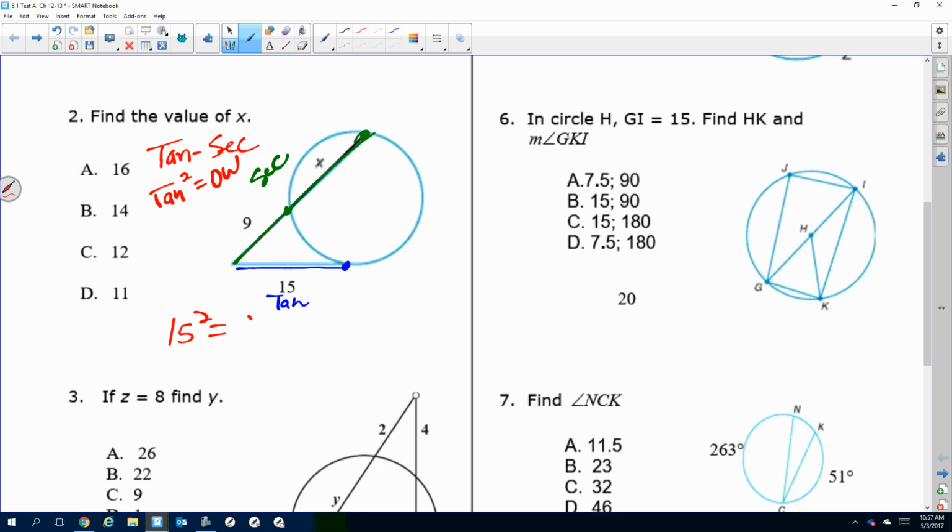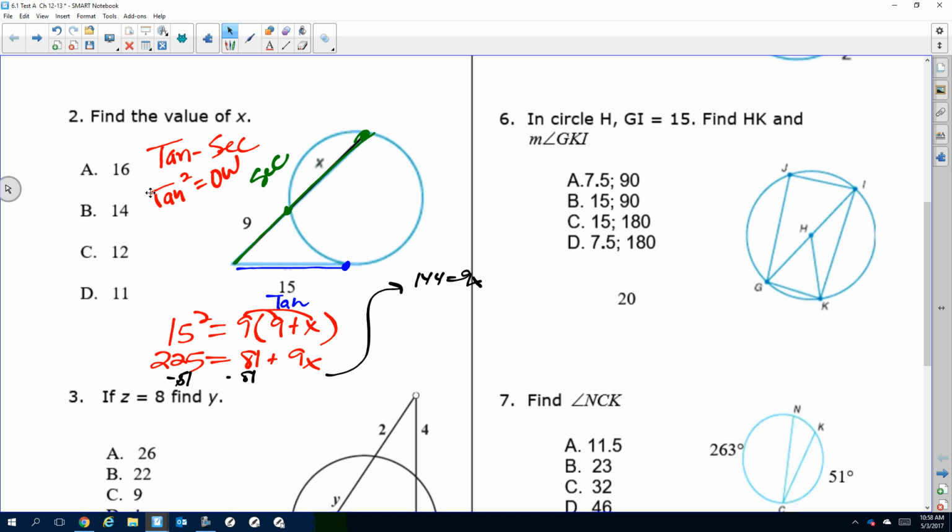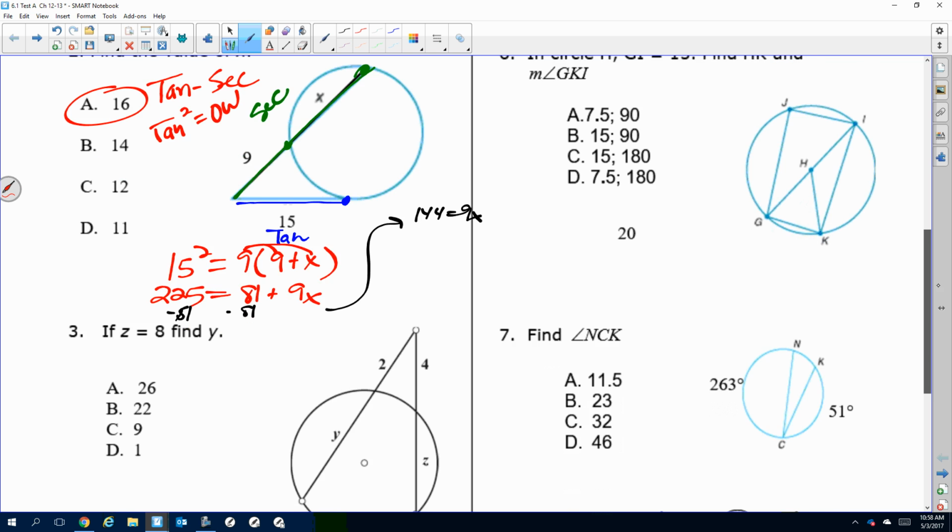The outside part of the secant is a 9 times the whole secant. We have to say 9 plus x to get the whole secant. Distribute, so you get 225 equals 81 plus 9x, and then you solve for x by subtracting 81 from both sides. You get 144 equals 9x, and if you divide by 9, you should get 16.